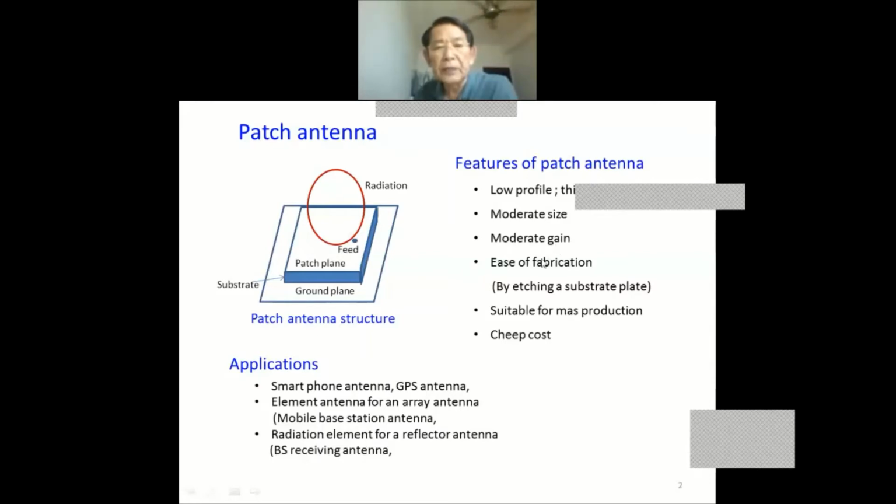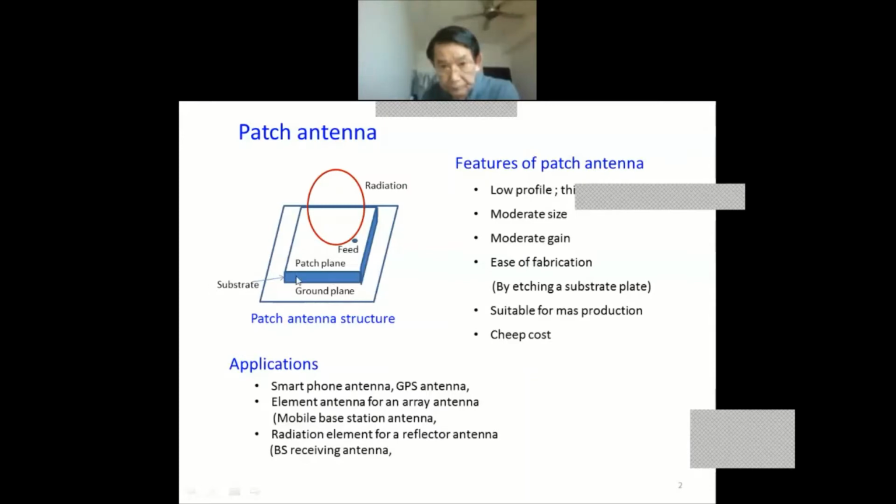This gain is larger than the wire antenna. So this moderate gain is selected for many communication systems, and fabrication is rather easier.